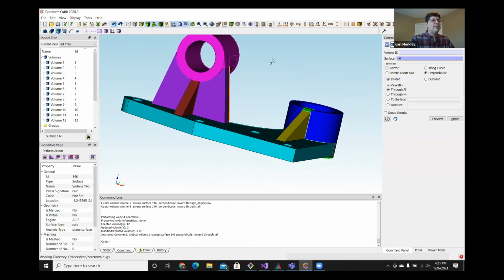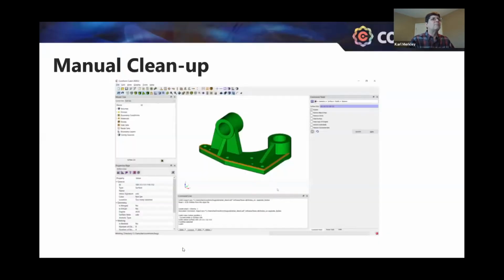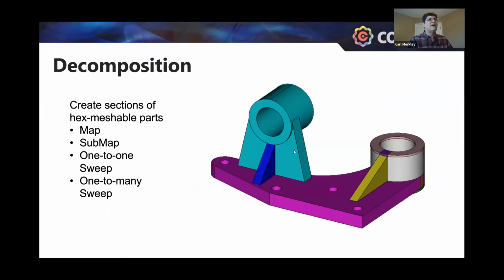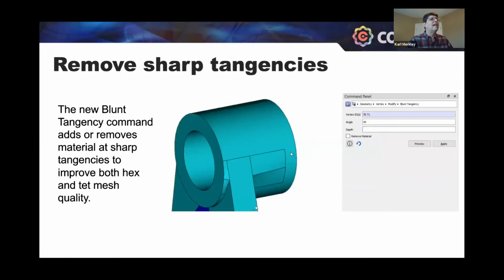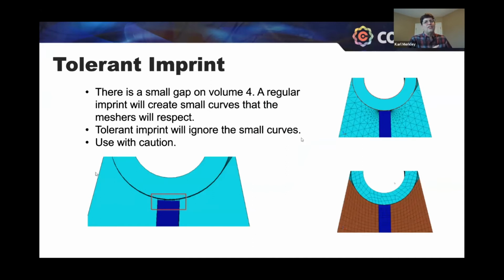Okay, now let me bring up my PowerPoint slide here for a moment. We've gone through the mesh cleanup. We've done some decomposition. We removed some sharp tangencies. Now, I wanted to just show in this area, you can see here, there's a little gap between the bottom of this flange and the cylindrical surface.